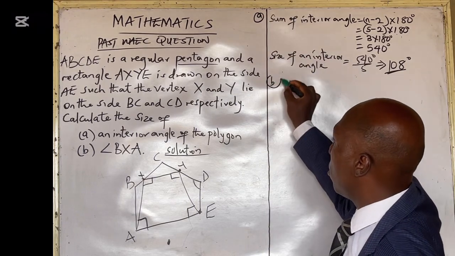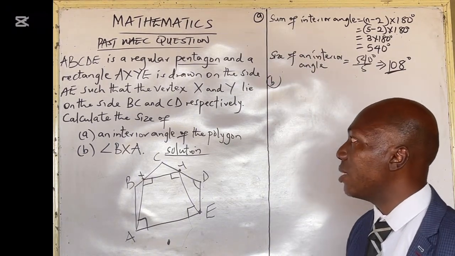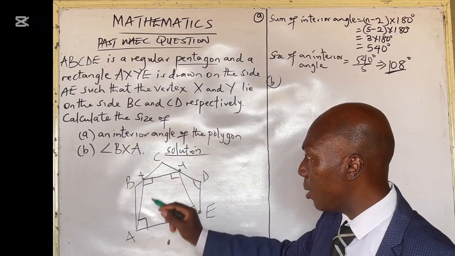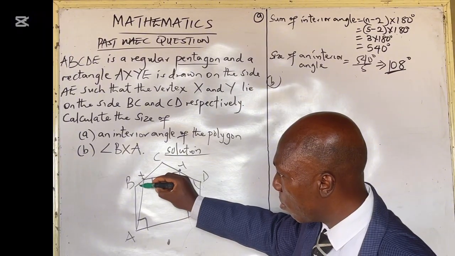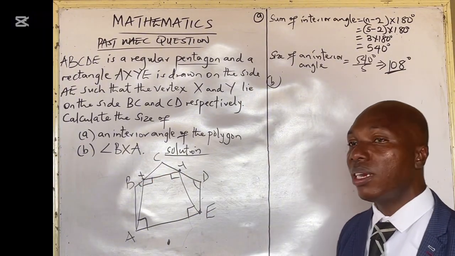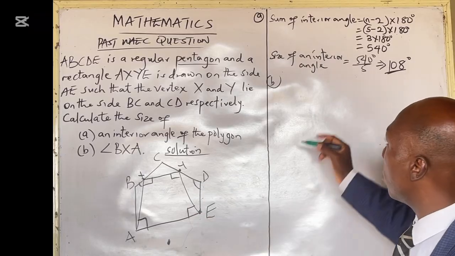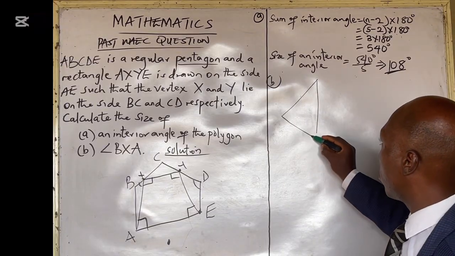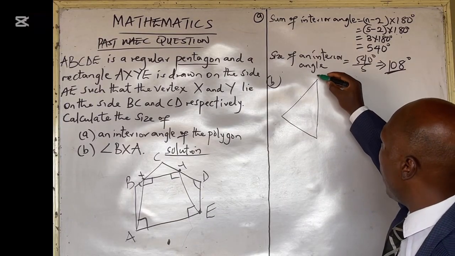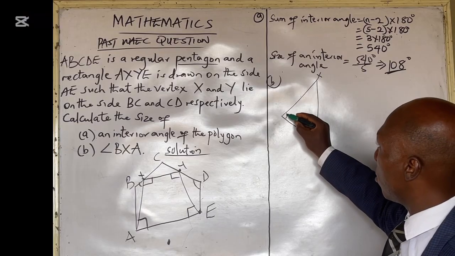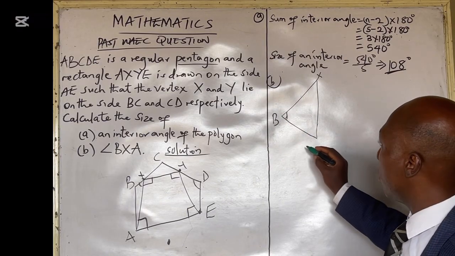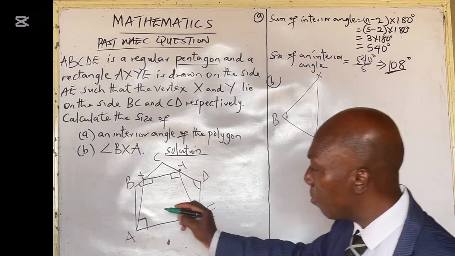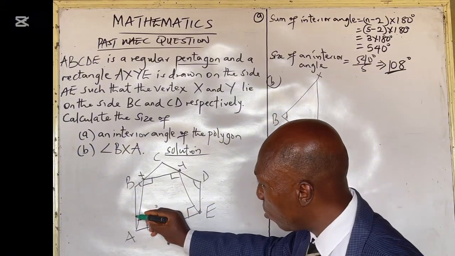For part B, we are told to calculate the size of angle BXA, this angle here. Let's draw it very well. This is X, this is B, and this is A. The whole of angle A is made up of 90 degrees and a small letter a.